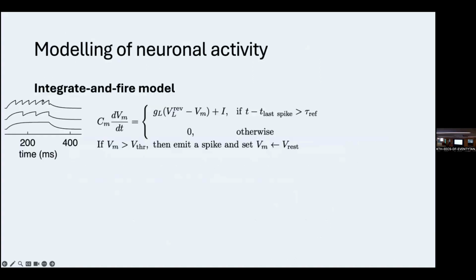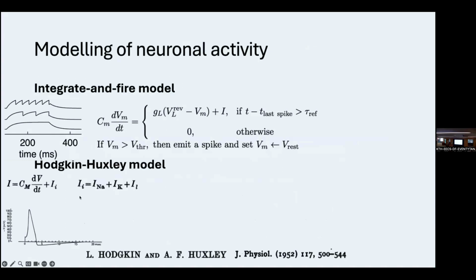So starting from the integrate-and-fire model, it was introduced in 1907, so already almost 120 years old, but still usable in some cases. Here you have only one variable per neuron to describe the dynamics.